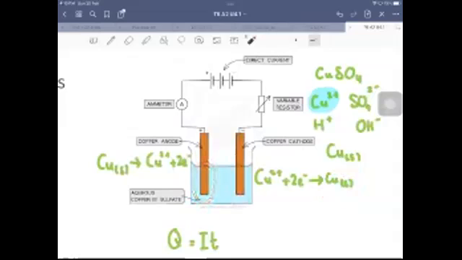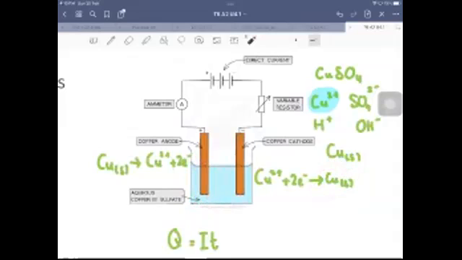But the amount is the same. If you decrease a certain amount of mass in the anode, you will increase the same amount of mass in the cathode. So we just have to choose one. Since they have the same mass, we just take either the anode or the cathode.